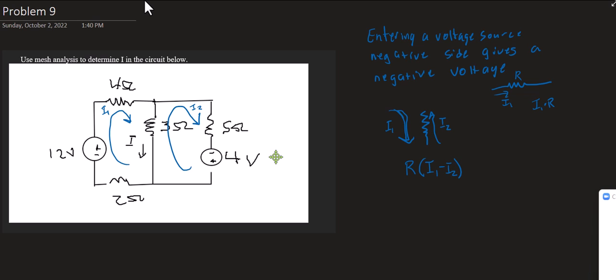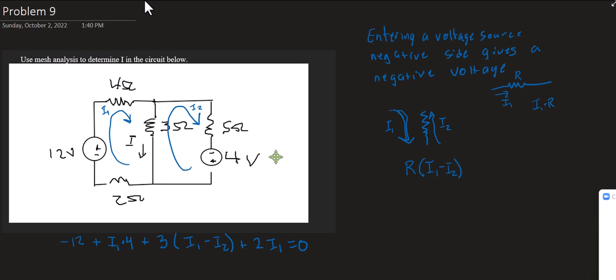And I'll start going into this negative 12 volt voltage source. So negative 12 volts, and then plus I1 times 4, and then plus 3, and that one's shared, so I'm going to say I1 minus I2, plus 2I1 equals 0.